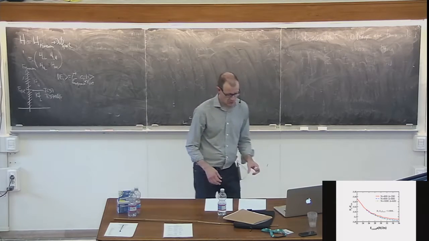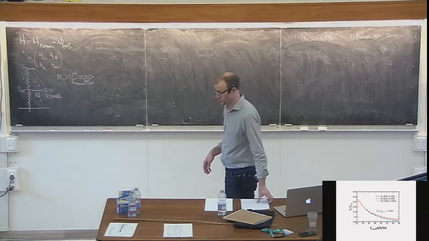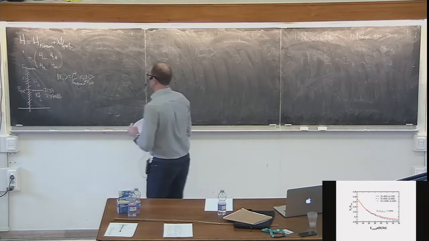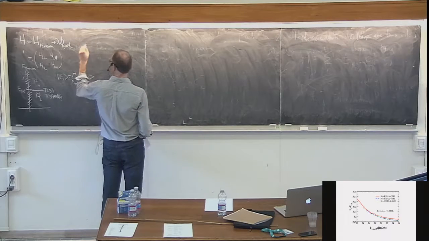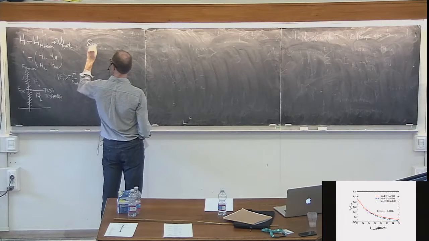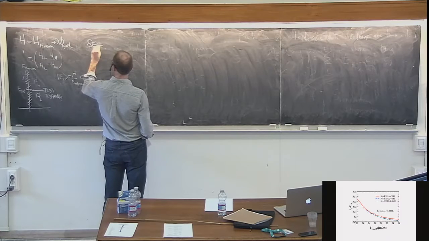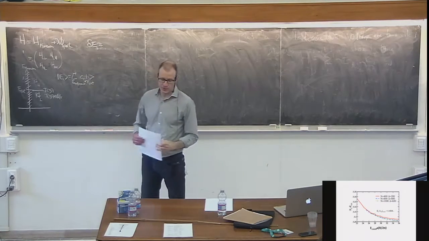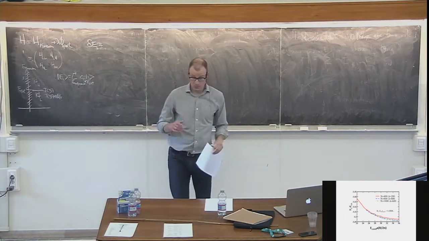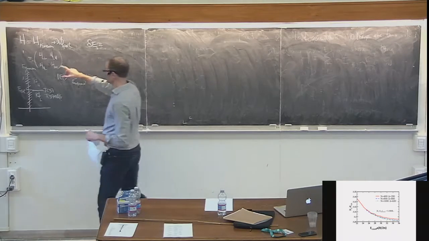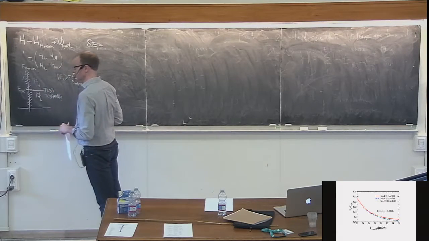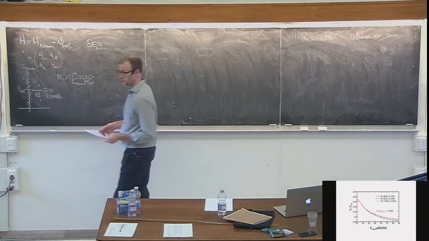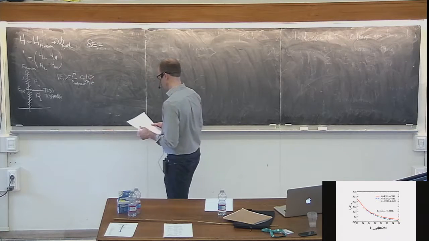And where we left it off was I'd given you an expression for the correction to the energy coming from the high energy portion of the Hilbert space in terms of a conformal two-point function.